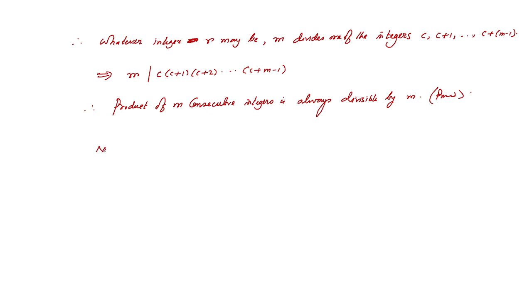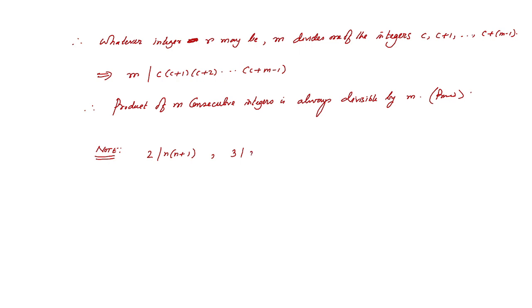Now we have an important note: by using this result we can say 2 divides n into n plus 1. Why? Because n and n plus 1 are two consecutive integers, so the product must be divisible by 2.